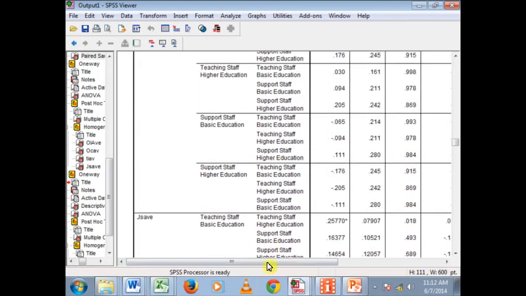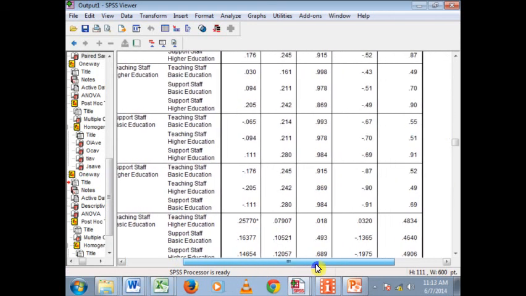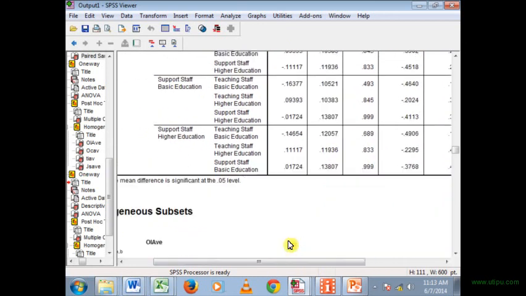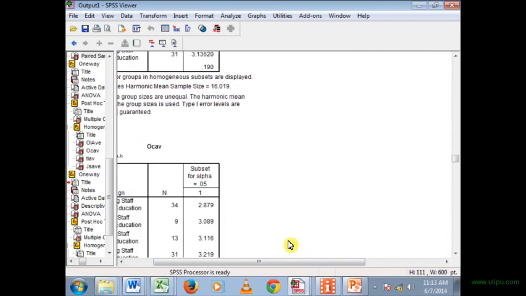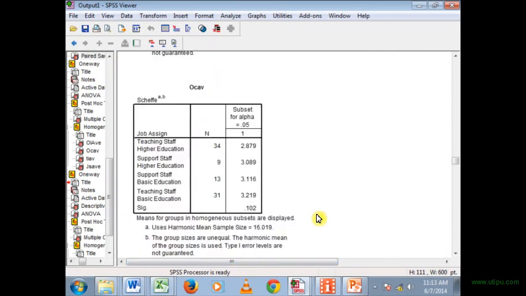And then for job satisfaction, you also have for teaching and staff for both departments. What does this one say? It gives us the subset for alpha is equal to 0.05 here.